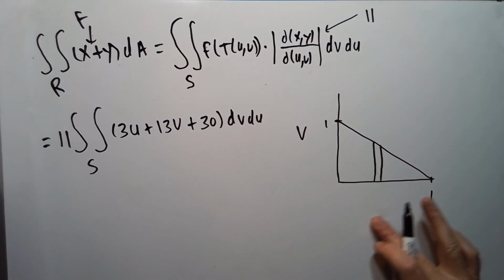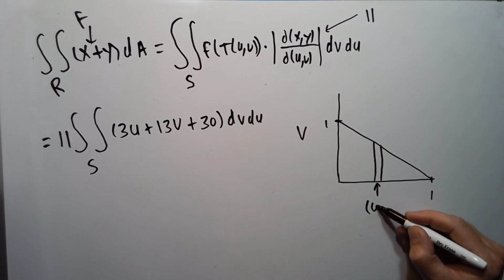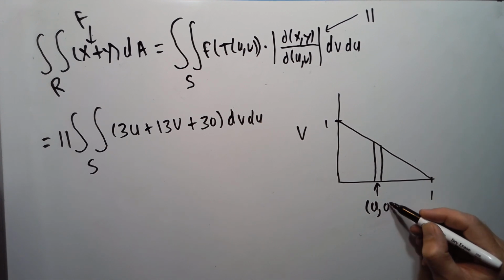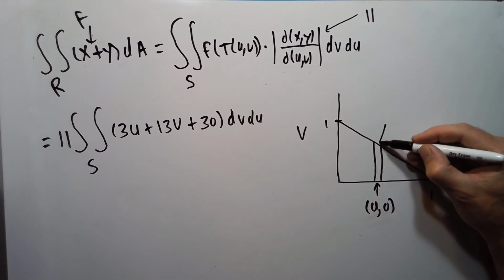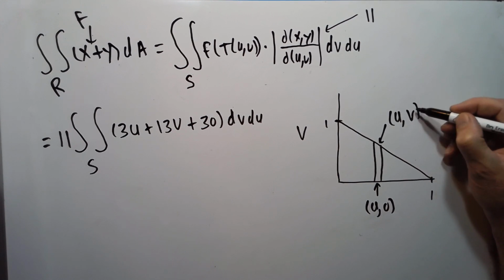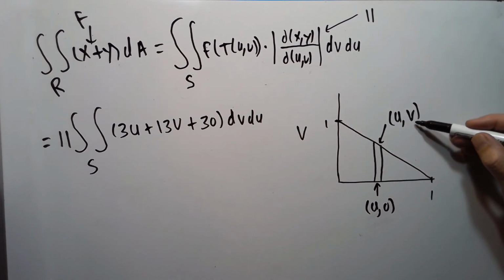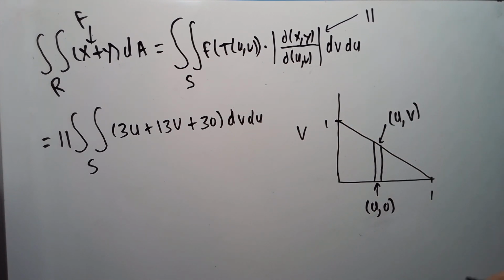So this point down here we could label as (u, 0), and a point up here we could label as (u, v). So we have to find the equation of this line here, because I need to write v as a function of u.